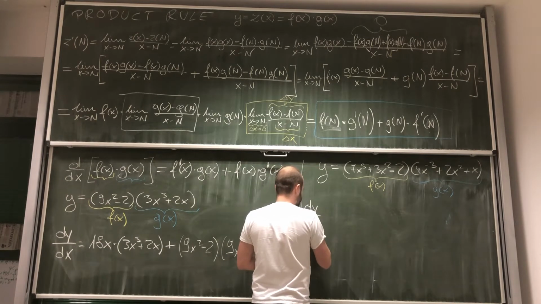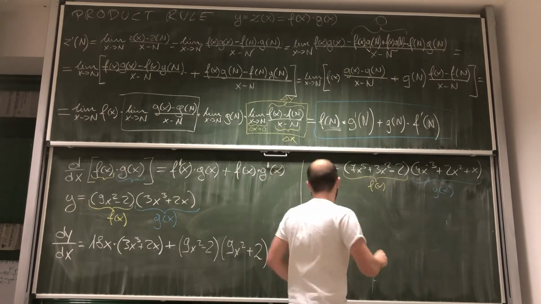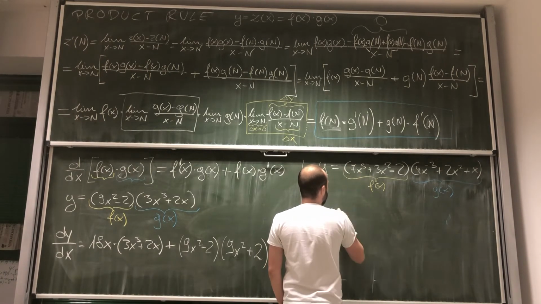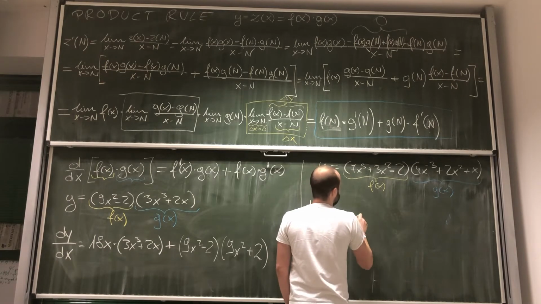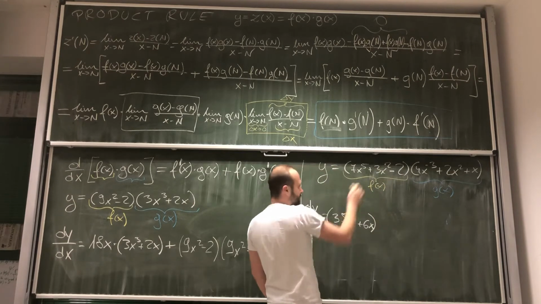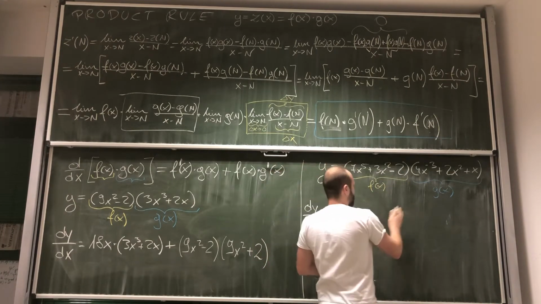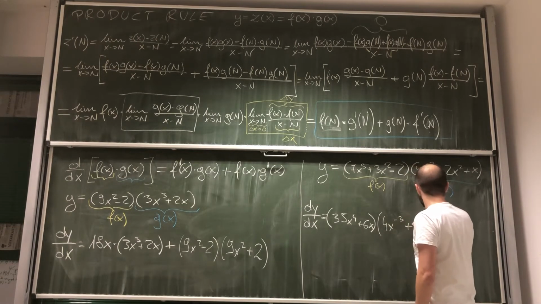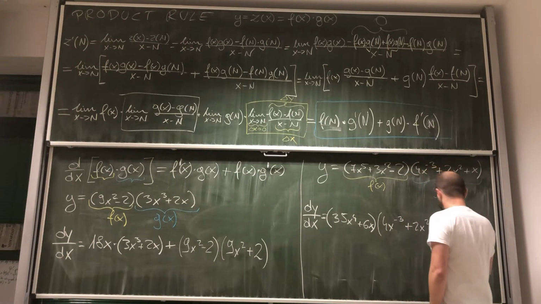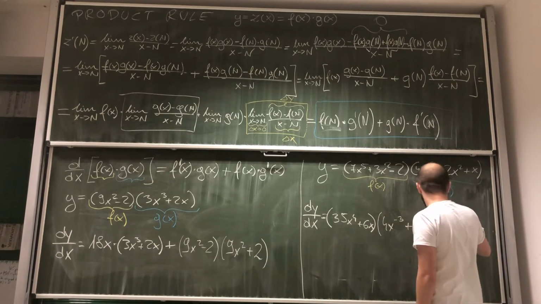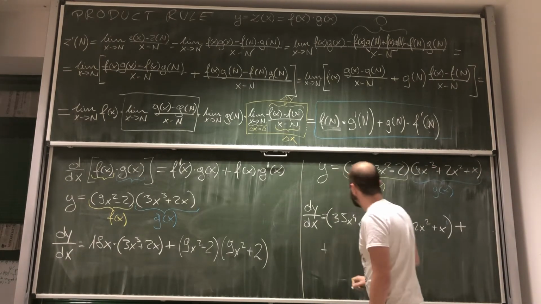First, I find the derivative of the first function. The derivative of the first function is 35x to the power of 4 plus 6x, right? And I multiply it by the second function. This one I do not touch. So it's 4x to the power of negative 3 plus 2x squared plus x. Then, at this moment I'm halfway done. So what I need to do now is add to it.